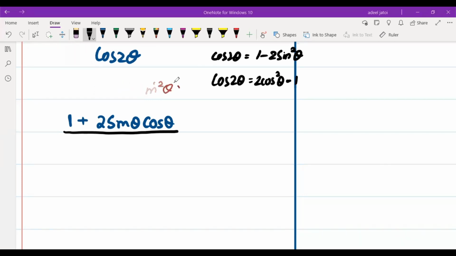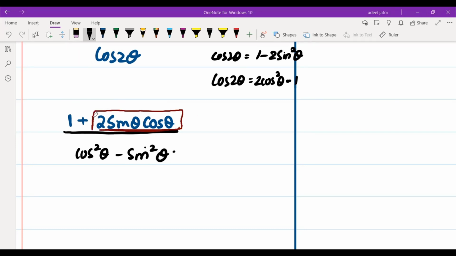So writing it down, cos square theta minus sin square theta. Since I know that cos square theta minus sin square theta is there in the denominator, and this 2 sin theta cos theta is also there, we can change this 1 to cos square theta plus sin square theta, because sin square theta plus cos square theta is basically 1.